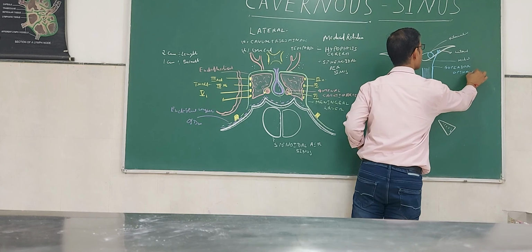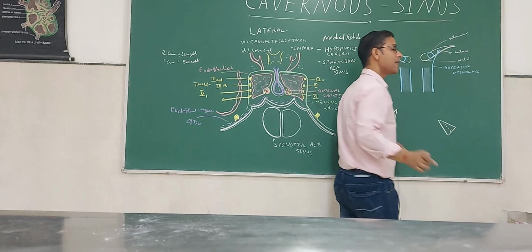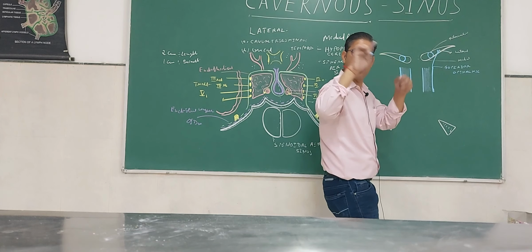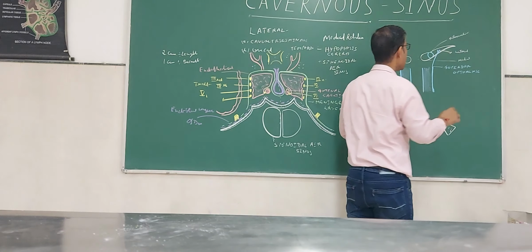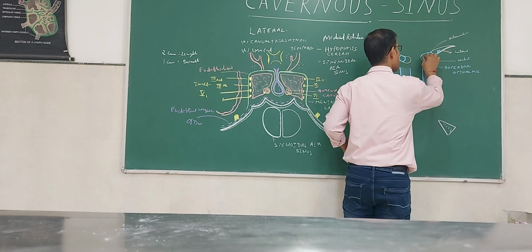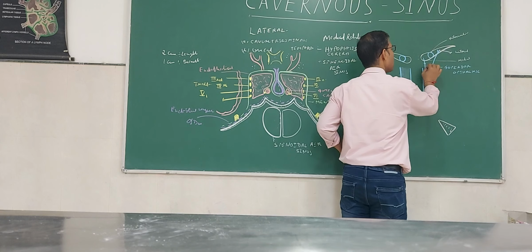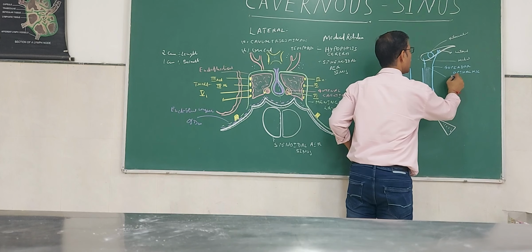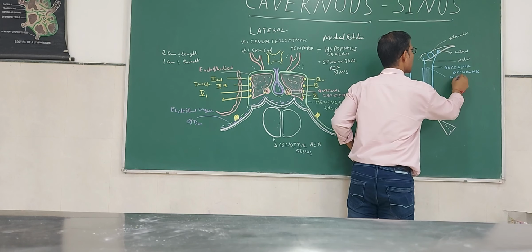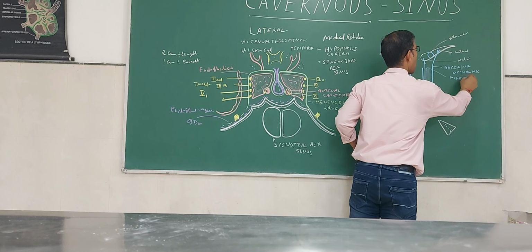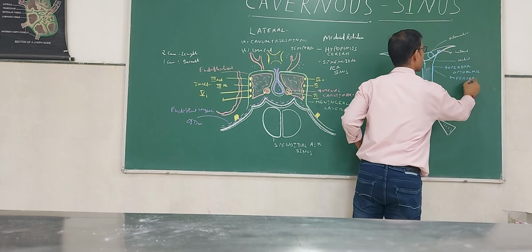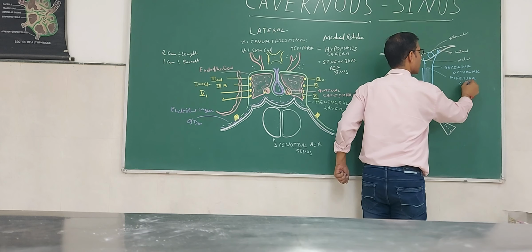I want to revise that this vein is draining the outer aspect of the orbit. Second, the one receiving from the medial compartment is known as the inferior ophthalmic vein.